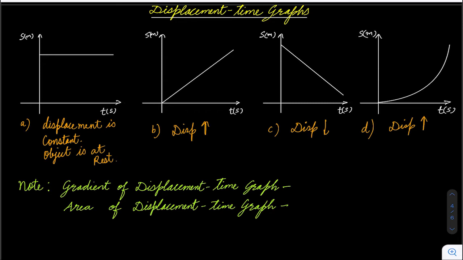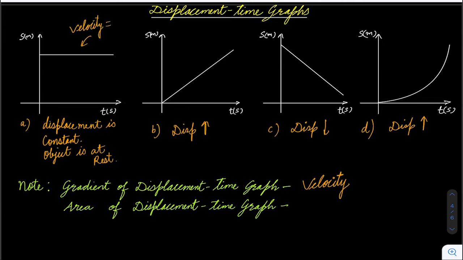That's the first observation that we can see, nothing else. Next thing, gradient of the displacement time graph. The gradient of a displacement time graph gives us velocity. In the first graph, as my gradient is 0, my velocity is also 0.